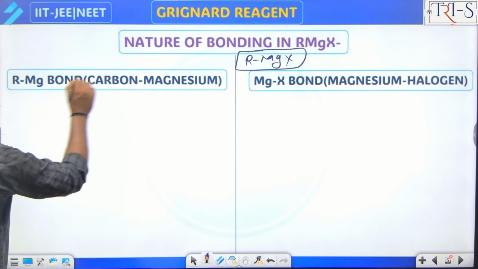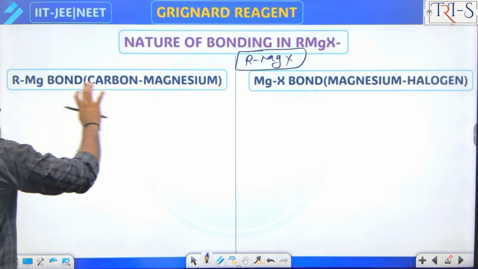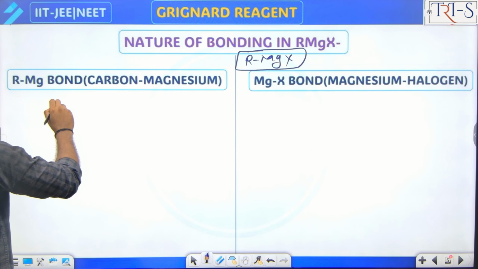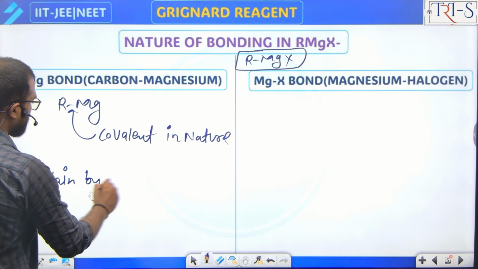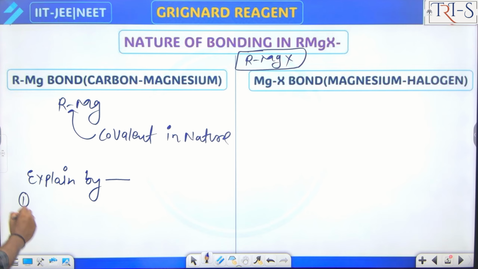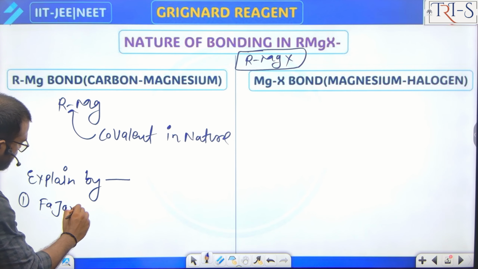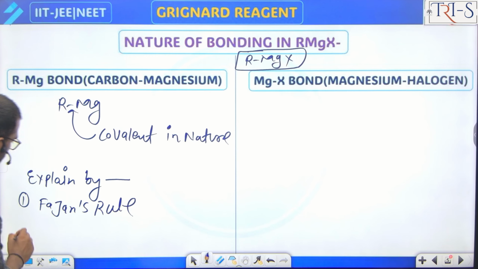So first we are going to discuss the bond between R-Mg. The R-Mg type of bond is covalent in nature, and it can be explained by Fajan's rule and the difference of electronegativity.